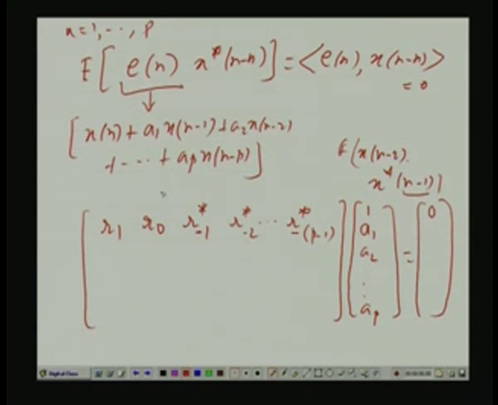Same thing, just here we have x star n minus 2. So, this becomes R 2 R 1 x n into x star n minus 2, that gives rise to R 2. The next one is A 1 x n minus 1 x star n minus 2, that will give rise to R 1 times A 1, then R 0, and this will continue.